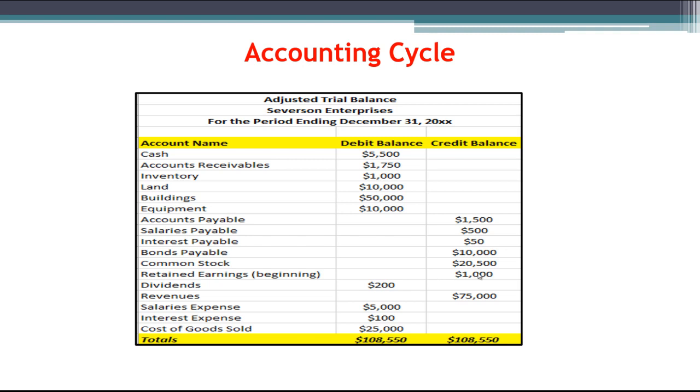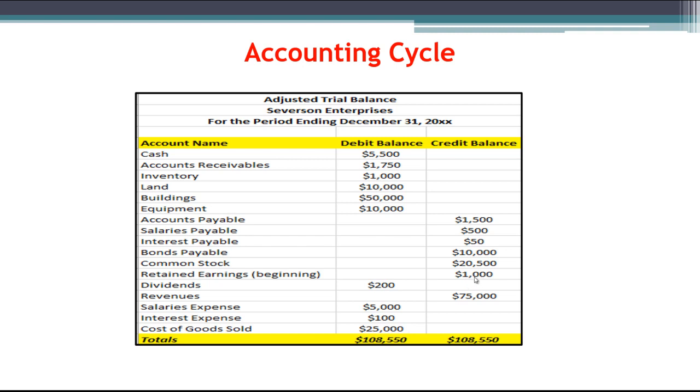And then from there, we would add in our revenues, which go on the income statement. Our expenses also go on the income statement. The difference between those two would give us the net income. That would go on the statement of changes in owner's equity, the retained earnings statement.